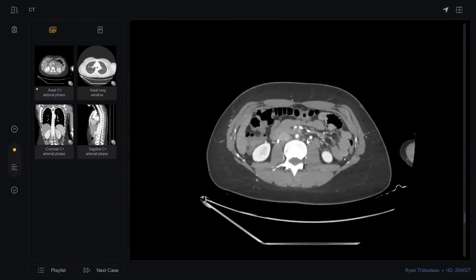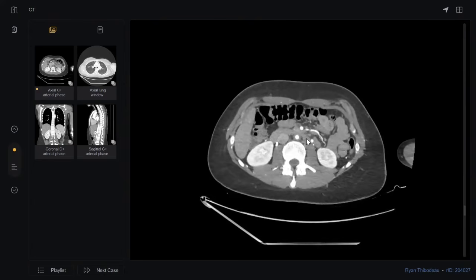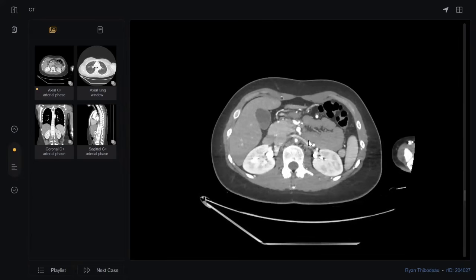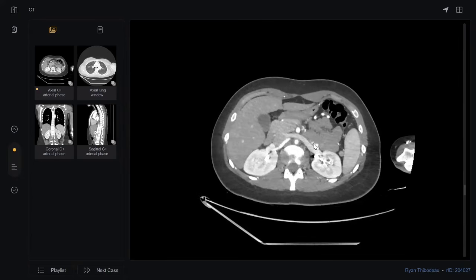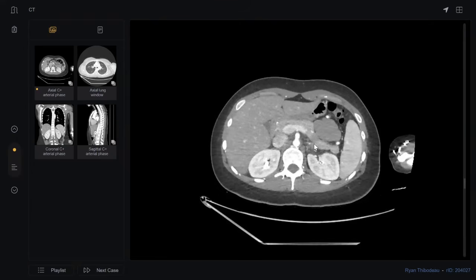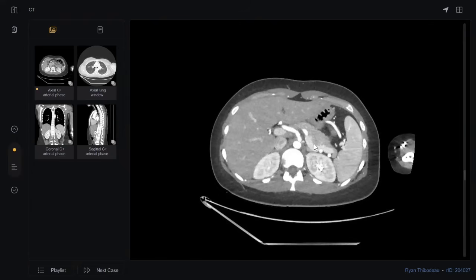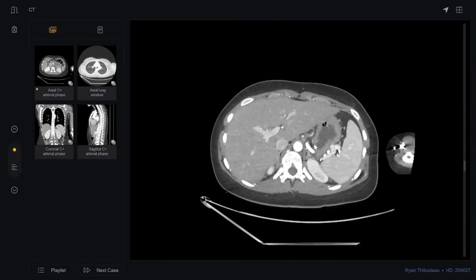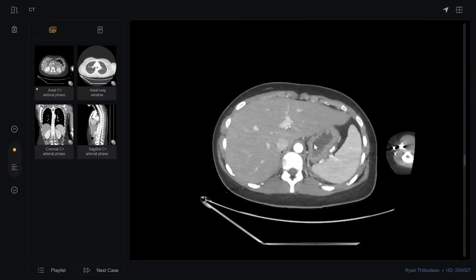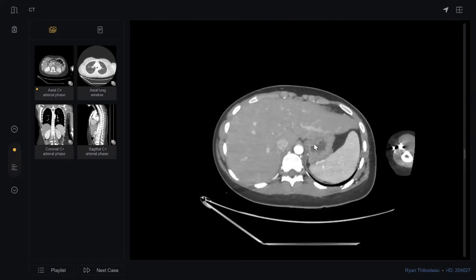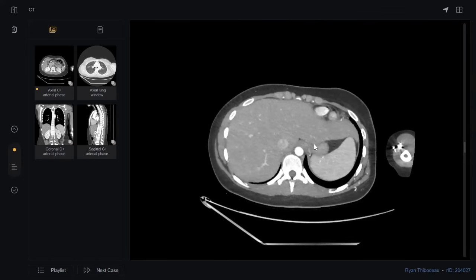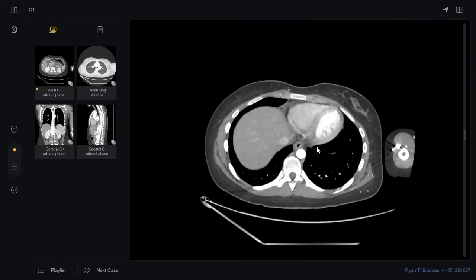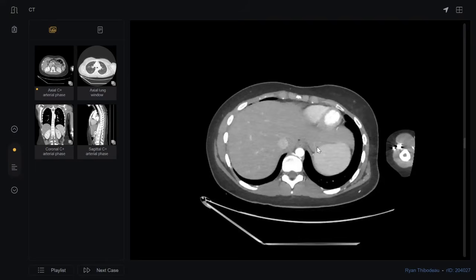With these findings, I'm thinking about some underlying disorder in this patient, which might be vasculitis. Sir, normally the vasculitis which involves the aorta and its branches is most commonly Takayasu's arteritis.